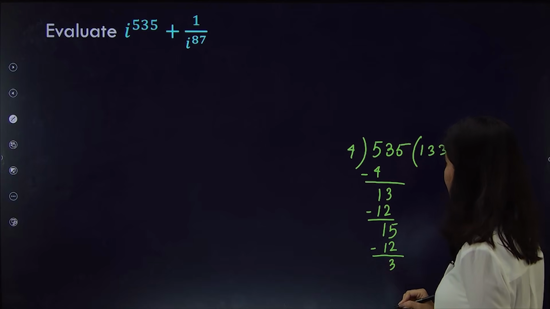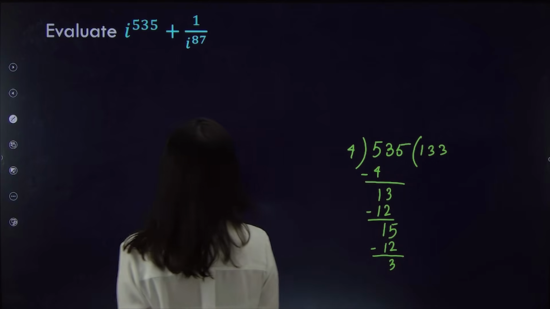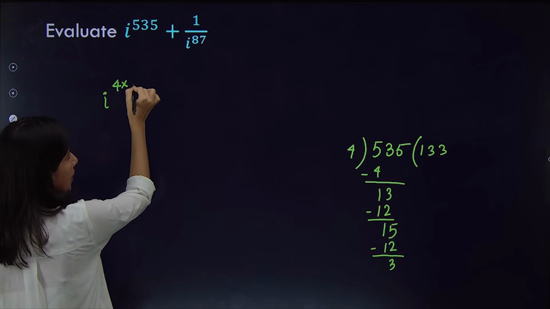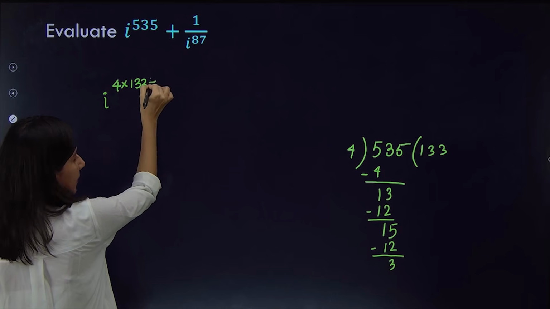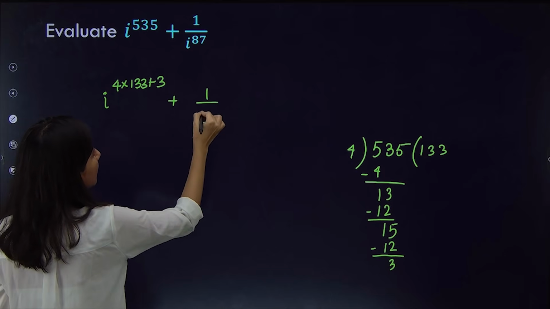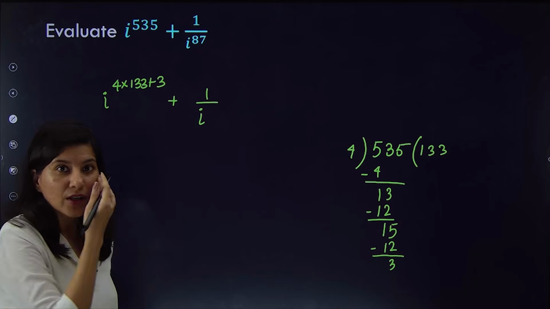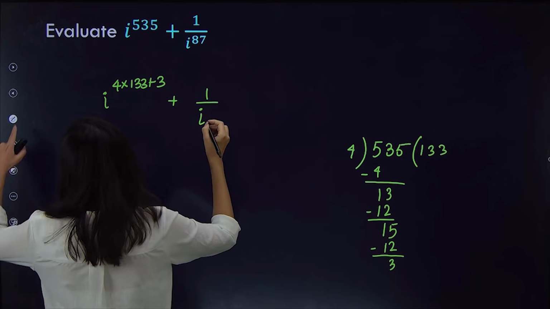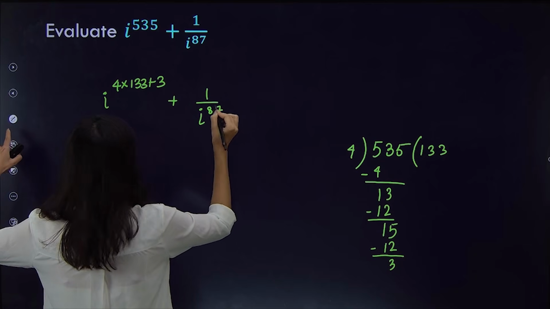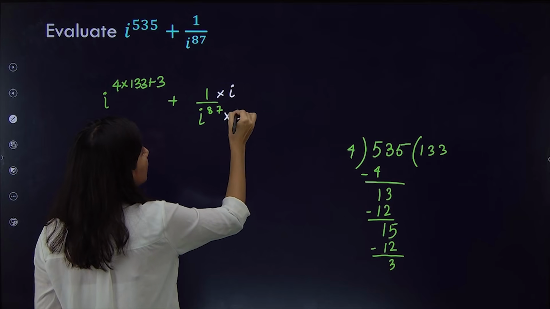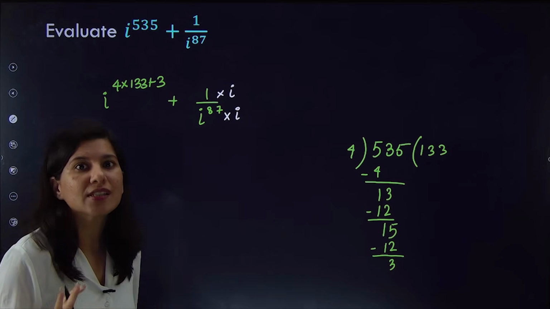So 3. So basically 535 can be written as iota raised to power 4 into 133 plus 3, plus 1 upon iota power 87. To get iota power 87, what I am trying to do is multiplying iota in numerator and denominator. You can do anything, like whatever strikes in your brain.